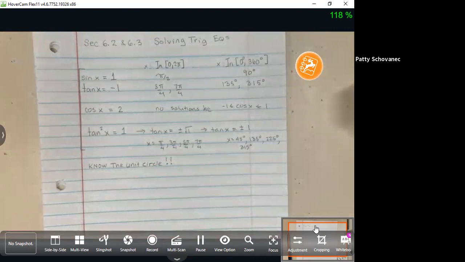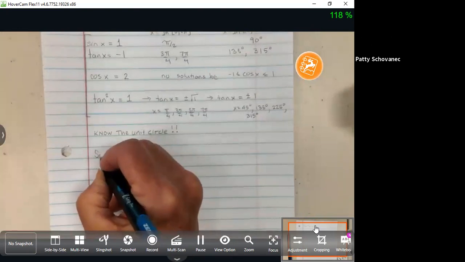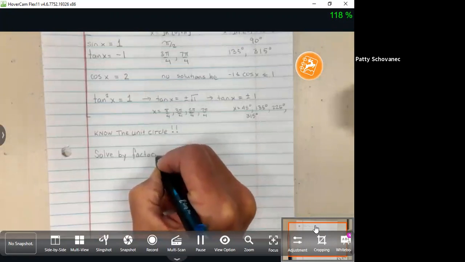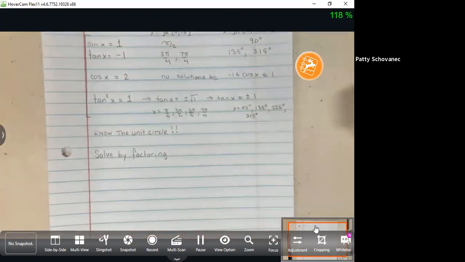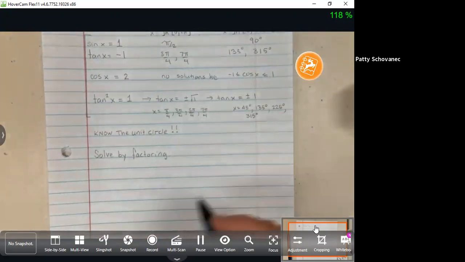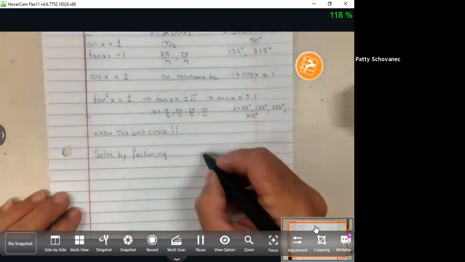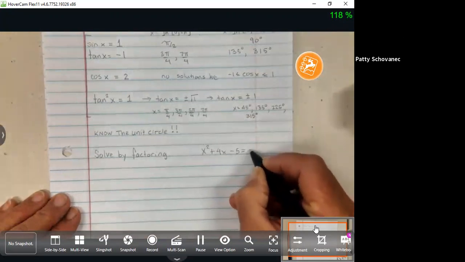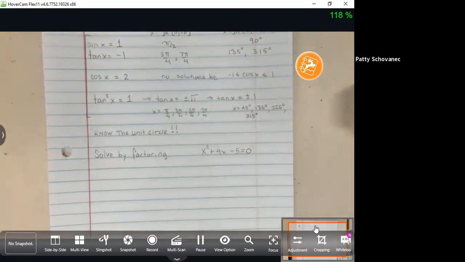The next type of trig equation I want to look at is the solve by factoring type. For instance, if you're solving a second degree equation in the variable x, like x squared plus 4x minus 5 is equal to 0. If you're pretty good at factoring, you know that there are factors of 5, opposite in sign, that add to 4.